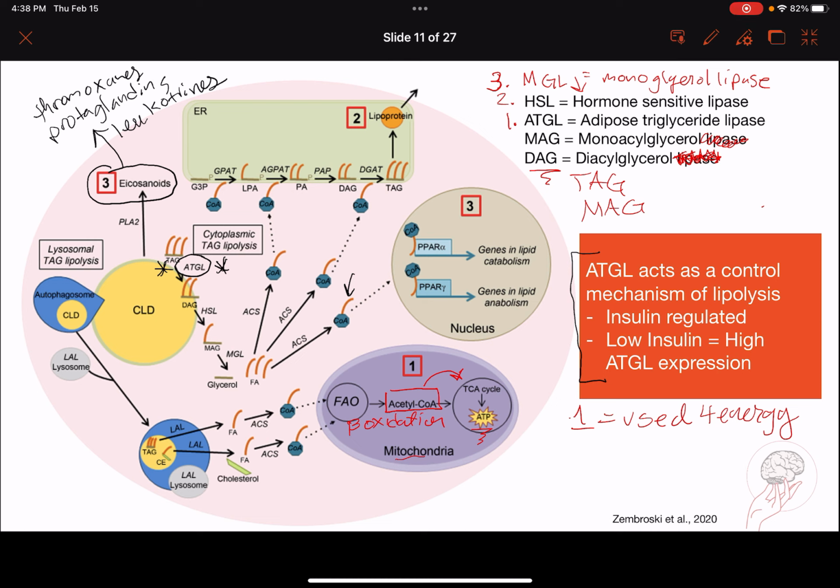Think about what insulin is signaling. Insulin is telling us if we have nutrients or not. If we have nutrients, insulin is going to be high, and it's going to signal for storage. So insulin equals storage. If insulin is low, that means we don't have anything to store, and it means we need to use our lipid droplets for energy.